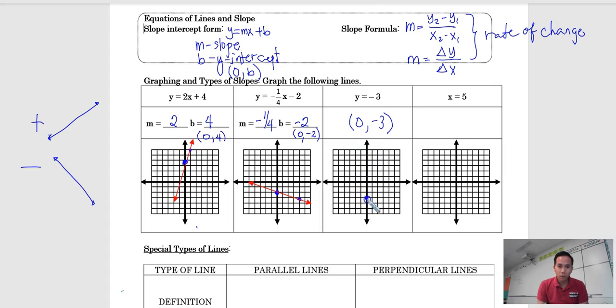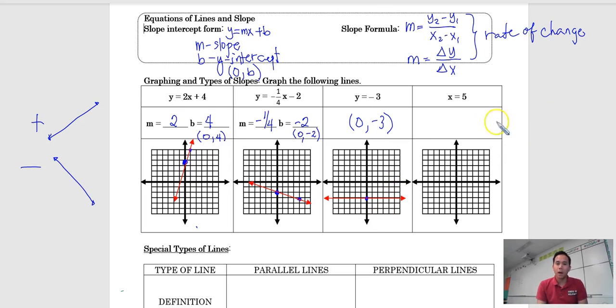When you graph that, it's a horizontal line. Take note that this one is parallel to your x-axis.